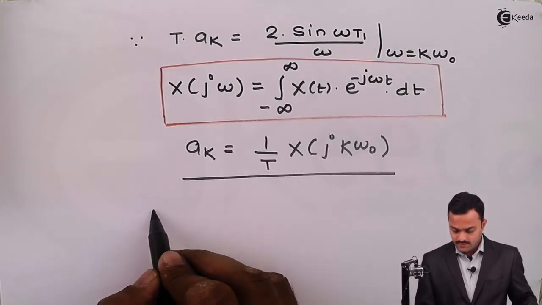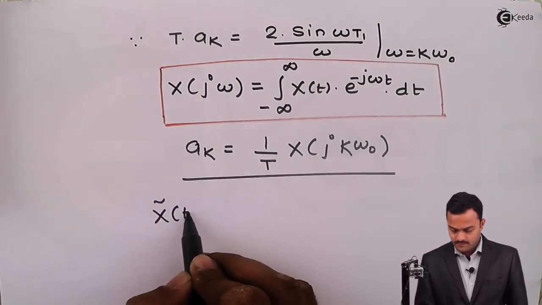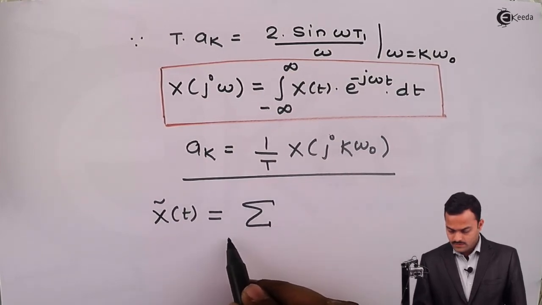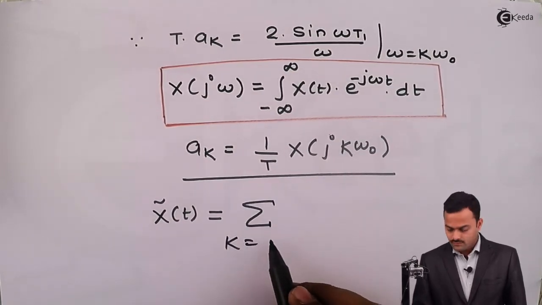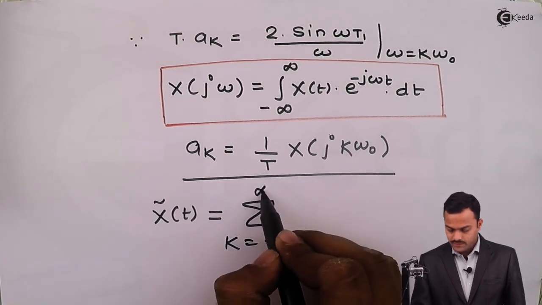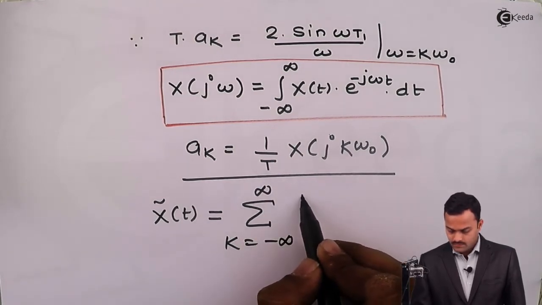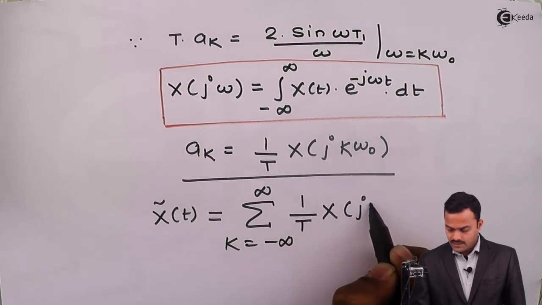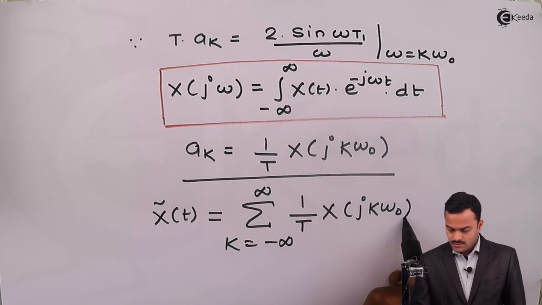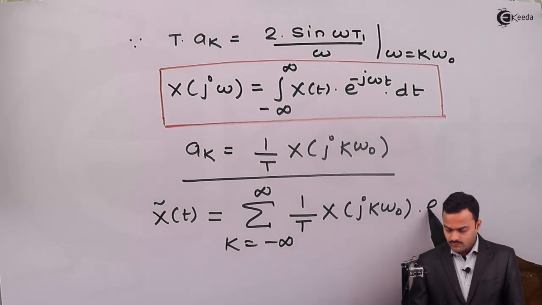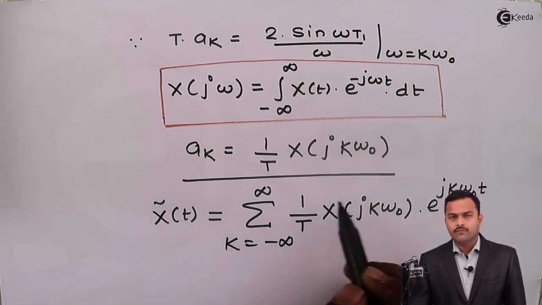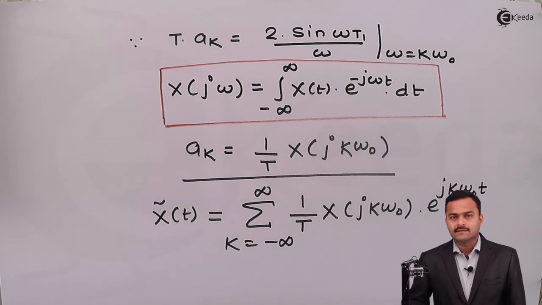So x bar t equals the summation over k from minus infinity to infinity of 1 by T, X of j k omega 0, into e raised to j k omega 0 t. So we get a Fourier series expansion like this.